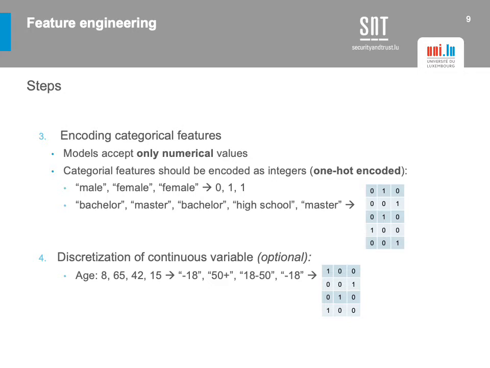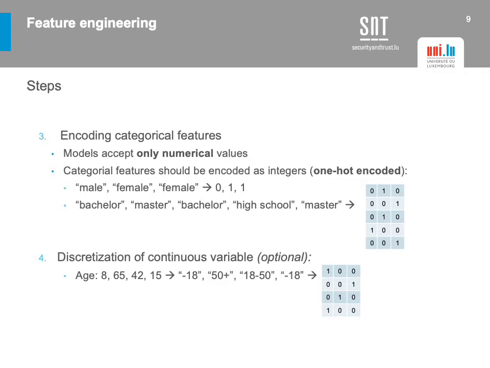You can see that if our first user was a bachelor, then the first feature corresponds to high school, the second feature corresponds to bachelor, and the third feature corresponds to master. So for the first row, it's 0, 1, 0 because it's not a high school diploma, it's a bachelor diploma, and it's not a master diploma.